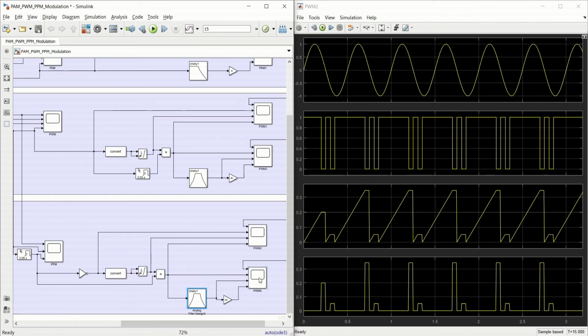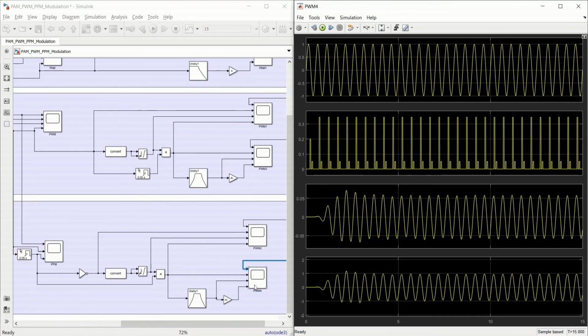So let us visualize this scope. In this scope, the first waveform is again the message signal coming from here. This is our message signal. The second is the output of this multiplier, which was previously represented as the fourth input in this scope. But anyway, this is right now our second waveform. Afterwards, we have an output from the Chebyshev band pass filter as the third input, which is over here.